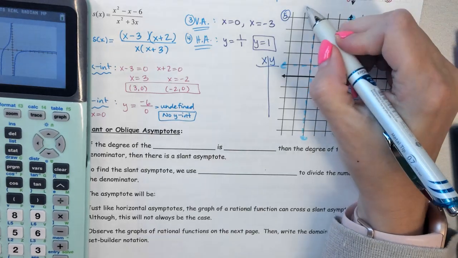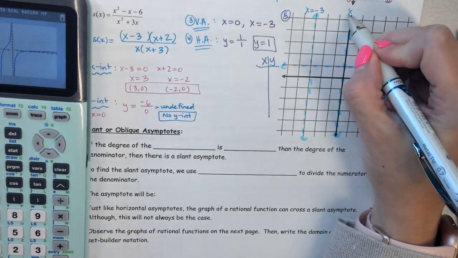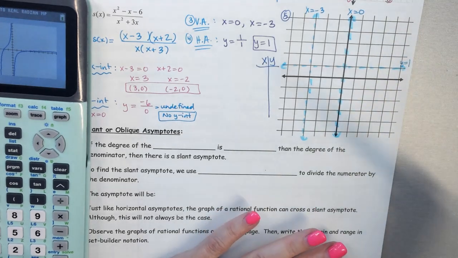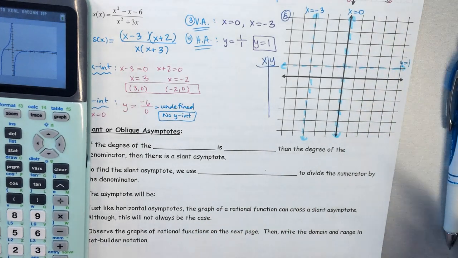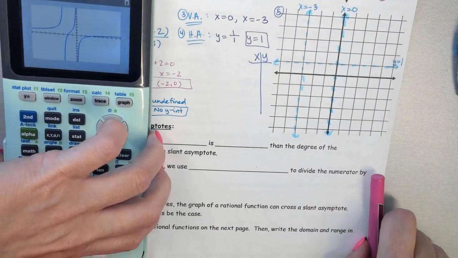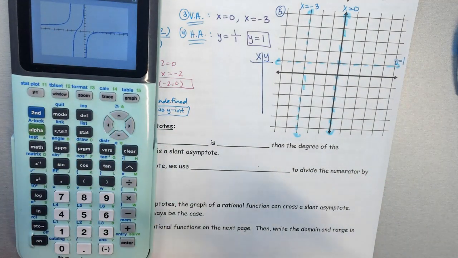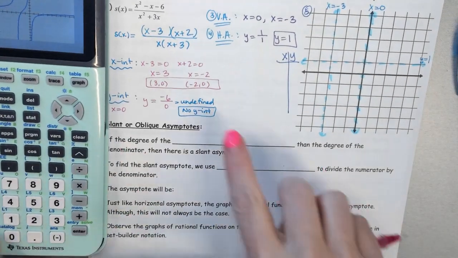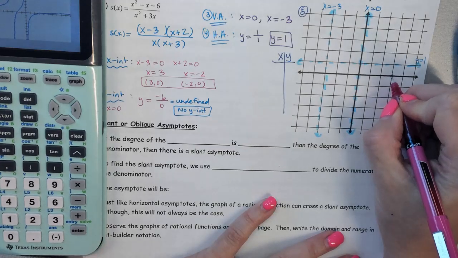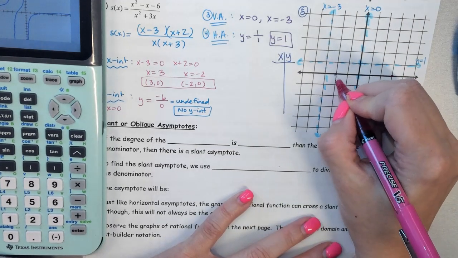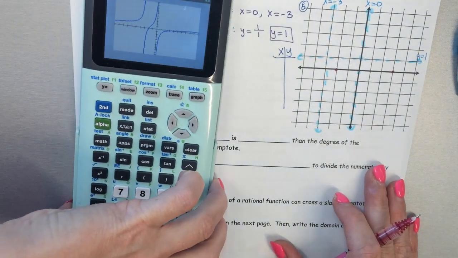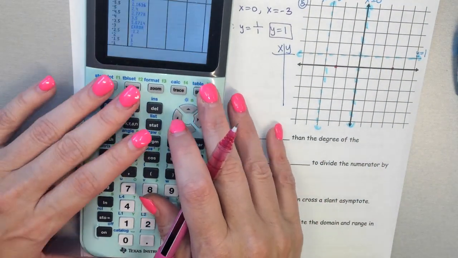I have x equals -3, I have x equals 0, and I have y is equal to 1. Okay, and then I already know I have 3, 0, so 1, 2, 3, 0. I have -2, 0. I can put those on my graph right away. And then I'm going to go to my table.